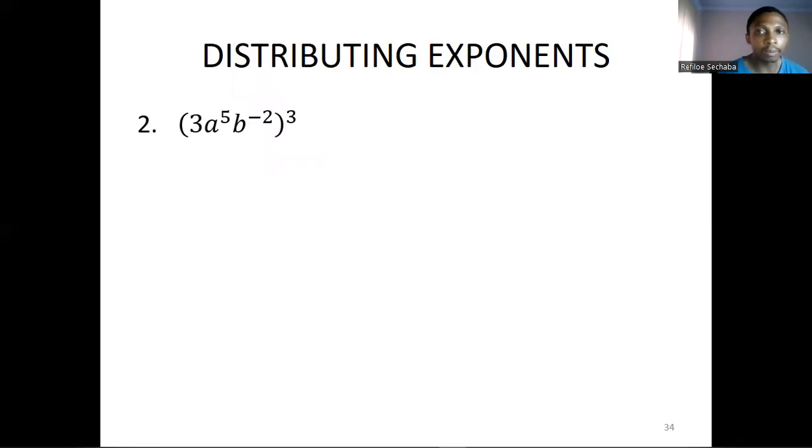3 to the exponent of 3 times a to the exponent of 15 times b to the exponent of -6. How did we get -6? -2 multiplied by -2 multiplied by 3 will give you -6.